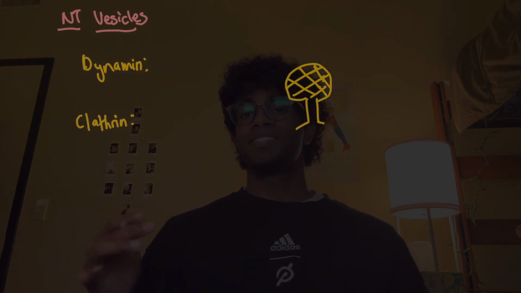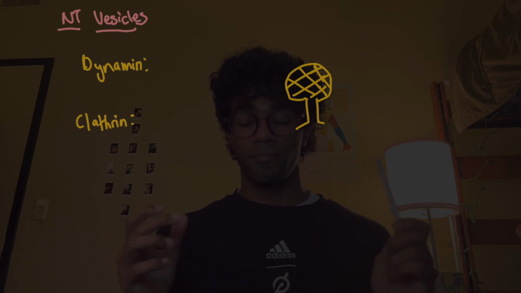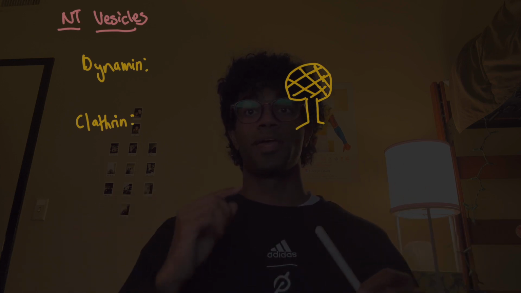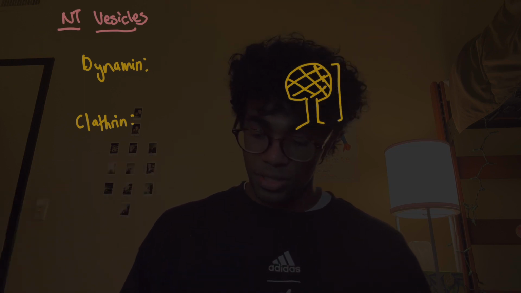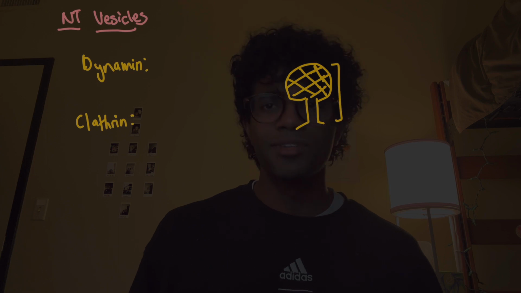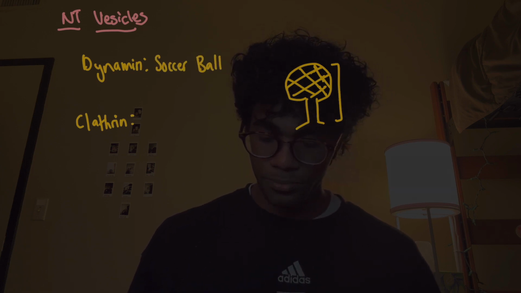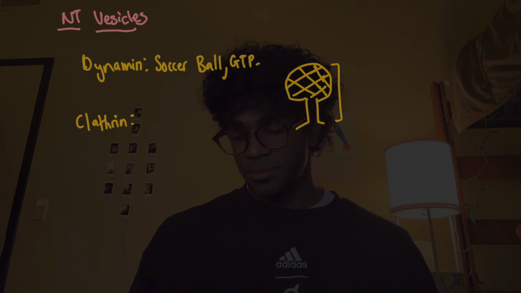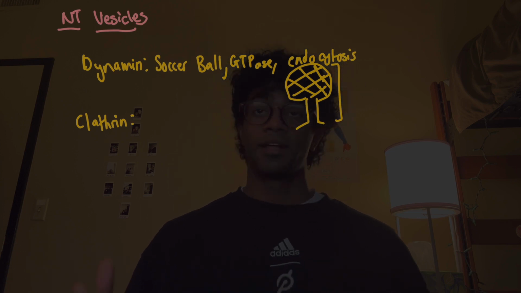So dynamine is a GTPase enzyme that mediates the molecules or ions going into a cell, so endocytosis. This is what creates this circular-like image that looks sort of like a soccer ball. So think soccer ball, GTPase, endocytosis. Clathrin.